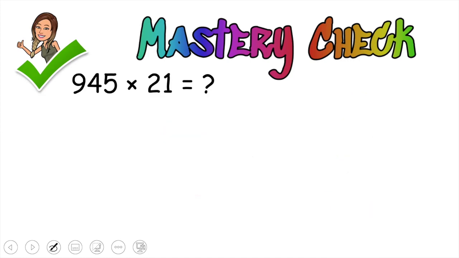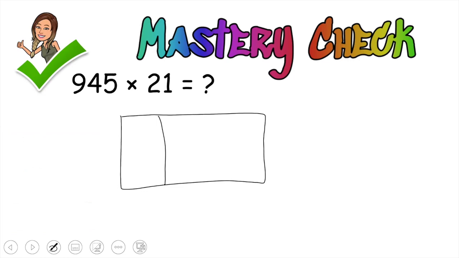So our final one is a 3-digit number multiplied by a 2-digit number. I want you to pause and try and solve this question using area model. So the first thing you should have done is you should have drawn your box. And it should be probably a 3 by 2.